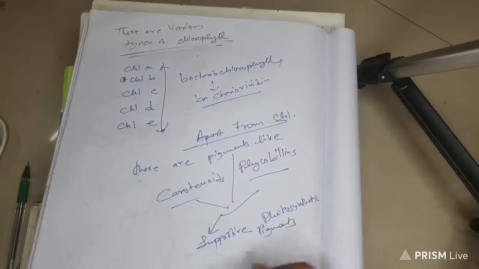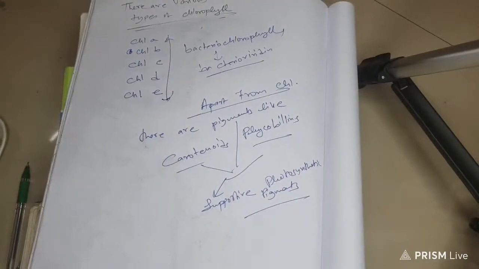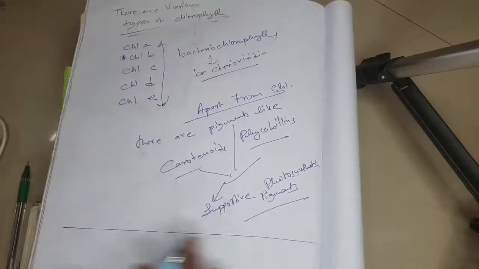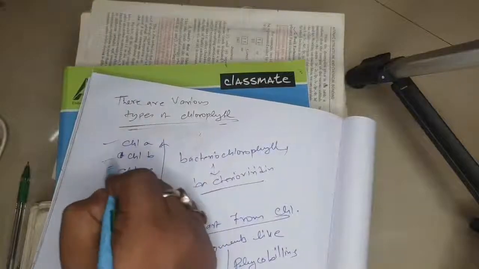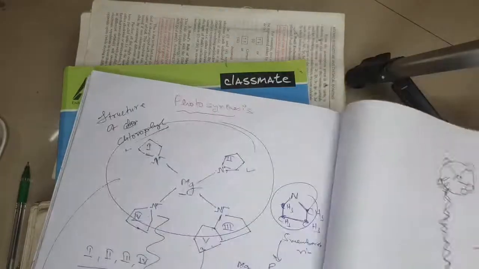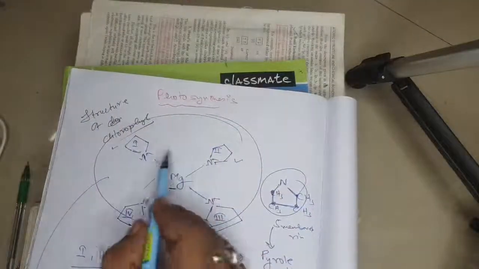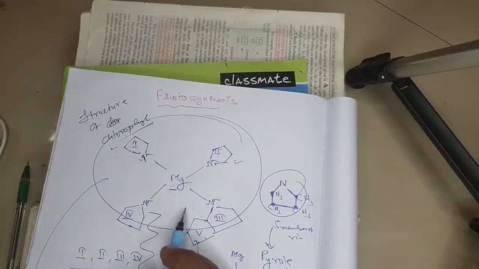So you should remember this thing. Now if anyone asks you, sir, how are chlorophyll A, B, C, D, E different from each other? Definitely they are different from each other because of the change of certain molecular structures.